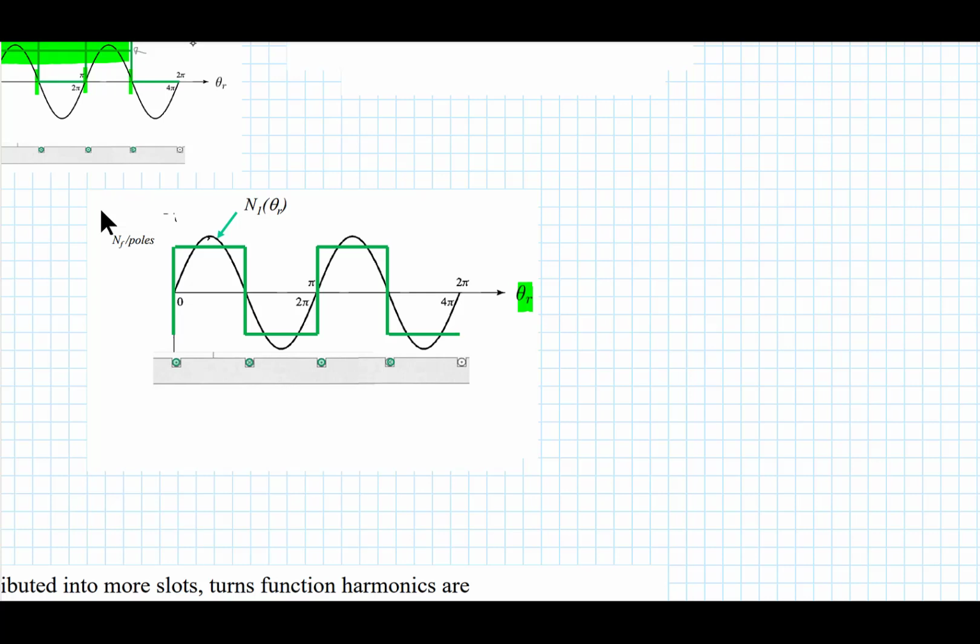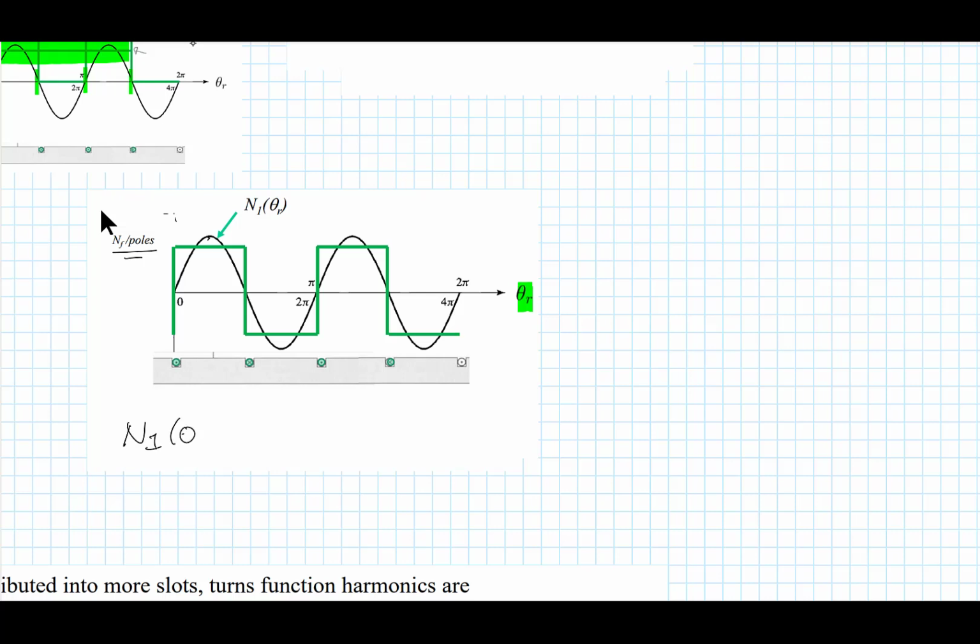So that's N sub 1. And if you were going to take a Fourier series of that, and you know that you've got NF divided by poles as the peak of this square wave, then the sinusoidal function would be this.